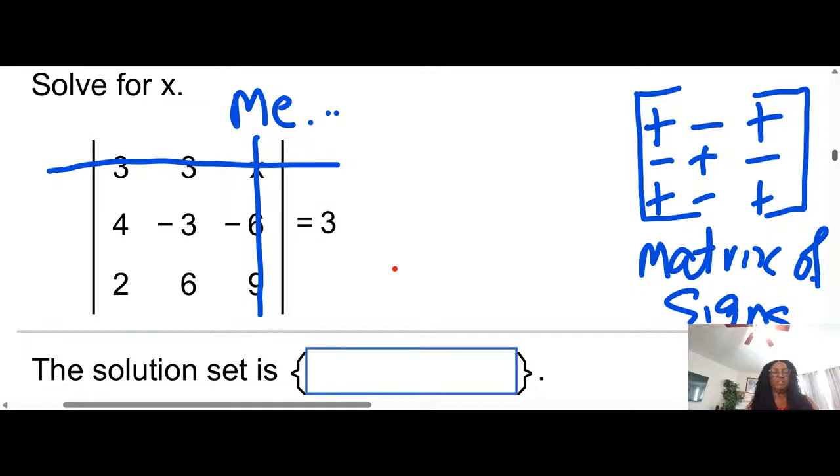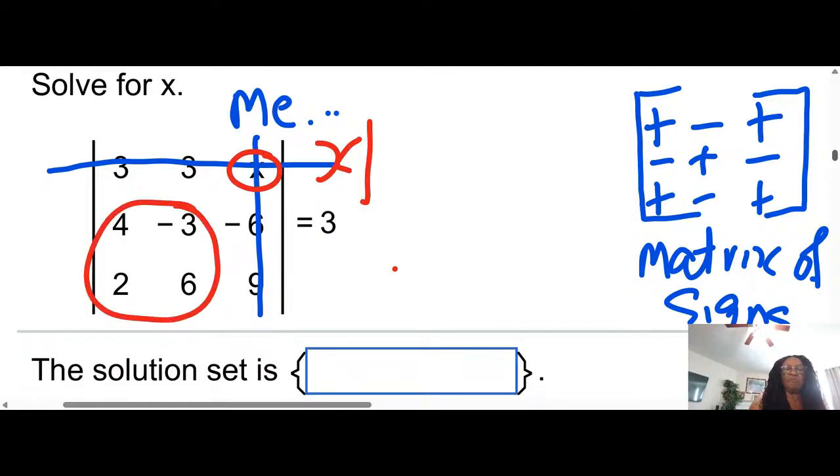Now that I have crossed out x's row and column, the ones that I did not cross are the 2 by 2 matrix that I will use to evaluate this determinant. So I have x multiplied by my 2 by 2 matrix.